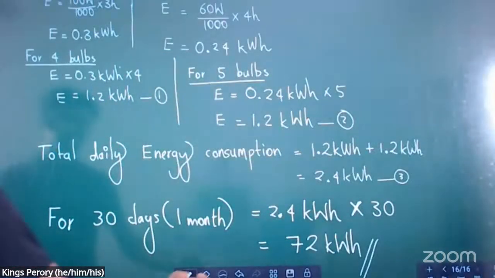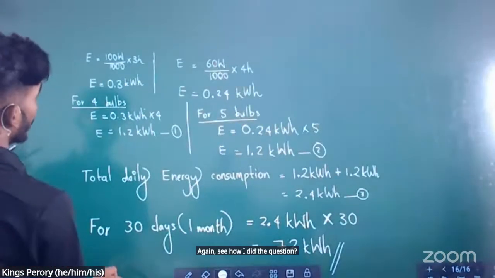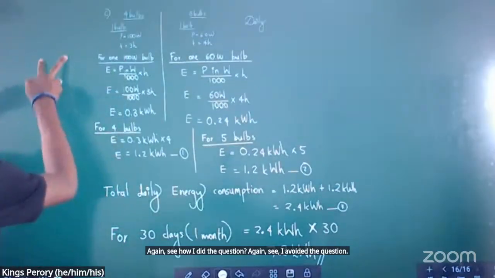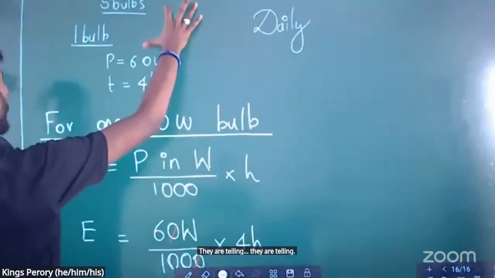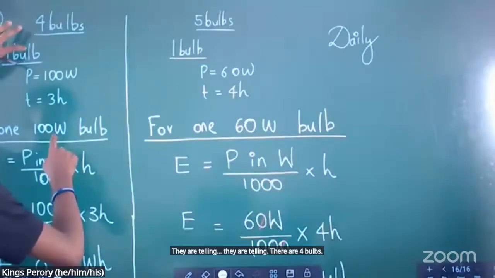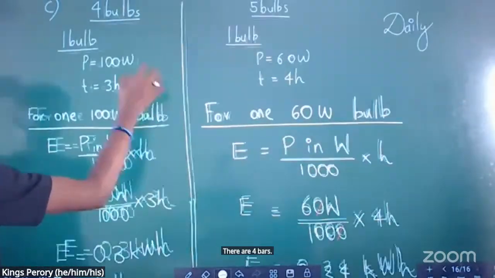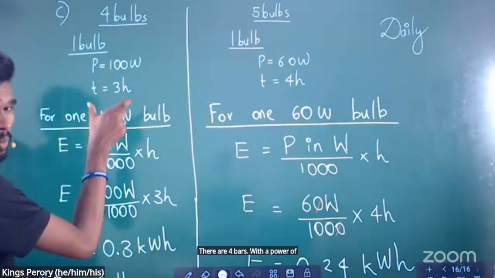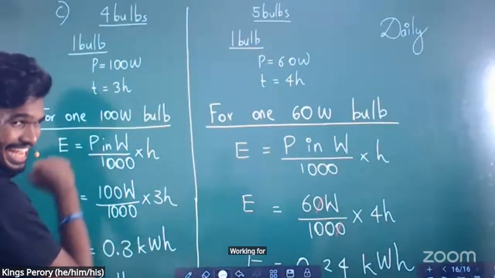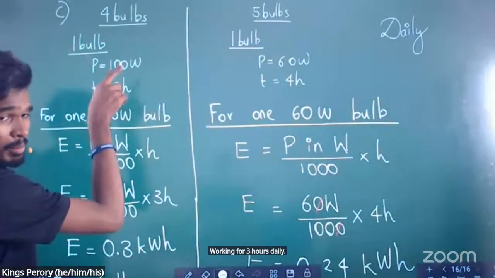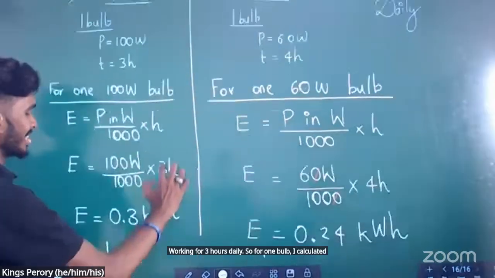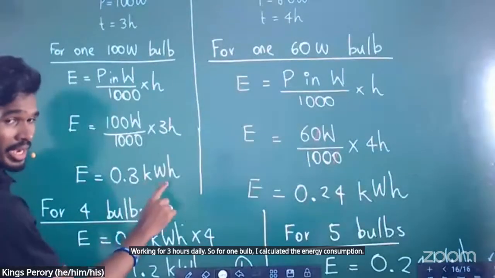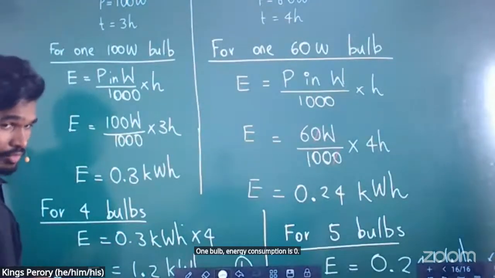Again, see how I did the question. They are telling there are 4 bulbs with a power of 100 watt working for 3 hours daily. For one bulb, I calculated the energy consumption: 0.3 kilowatt hour.